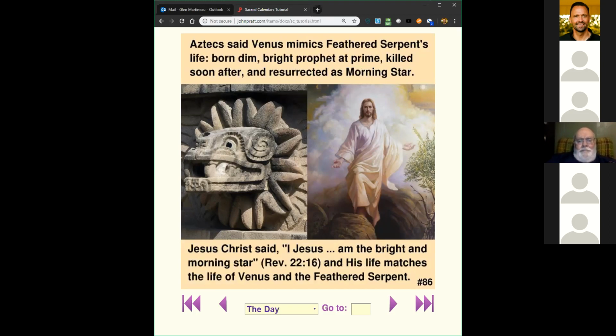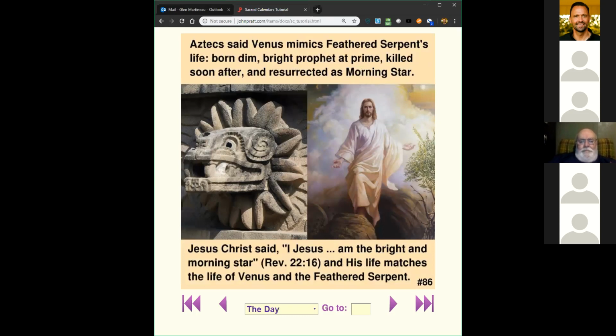And then they said he was killed soon after. And if you remember the first slide I showed on the orbit of Venus, it's not very long after its prime that it dies. And they said that's what happened to him. As we know, he's around 29 and a half when he is baptized, and 30 when he actually starts his ministry.